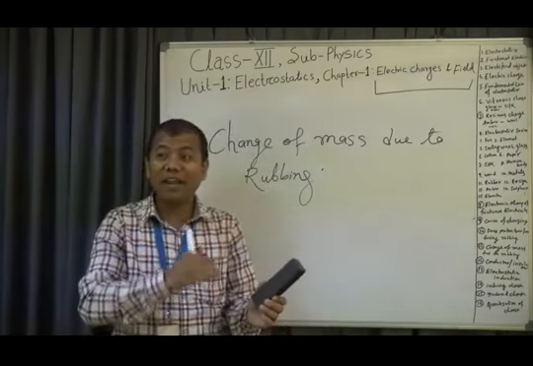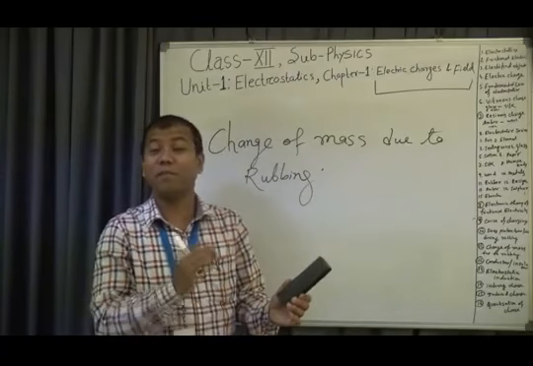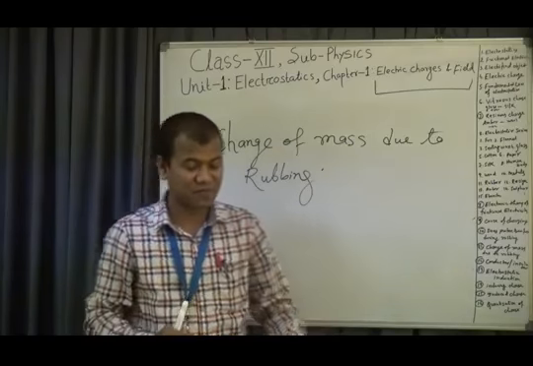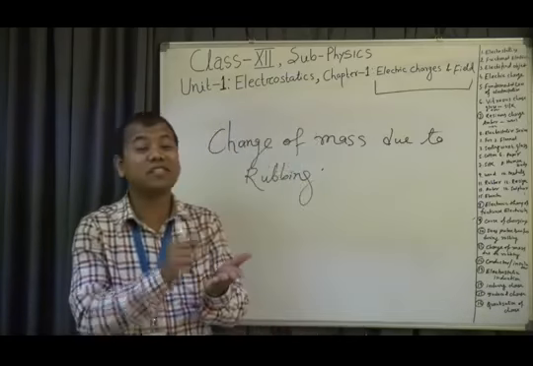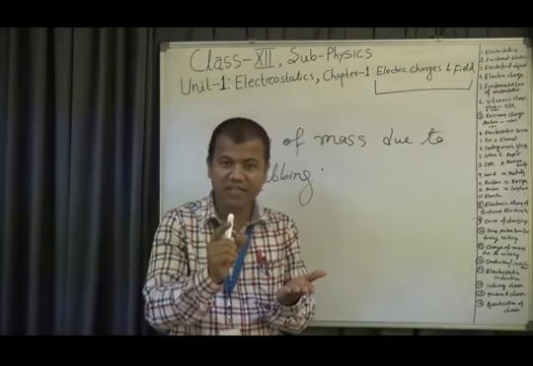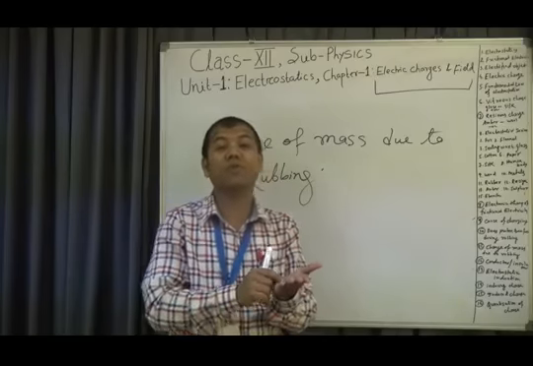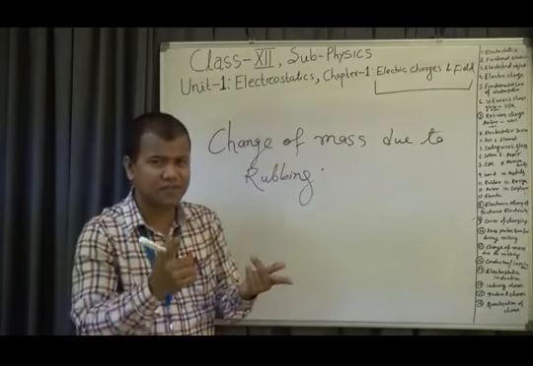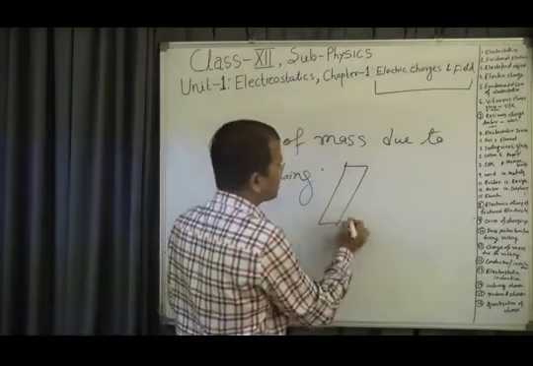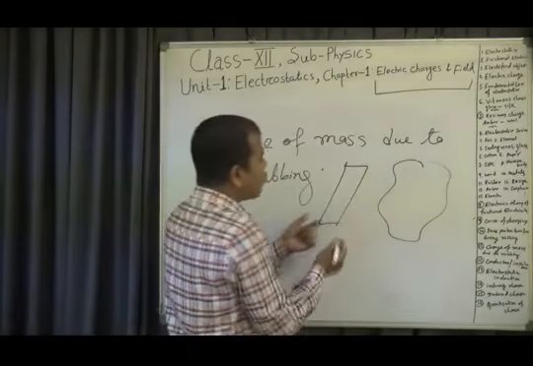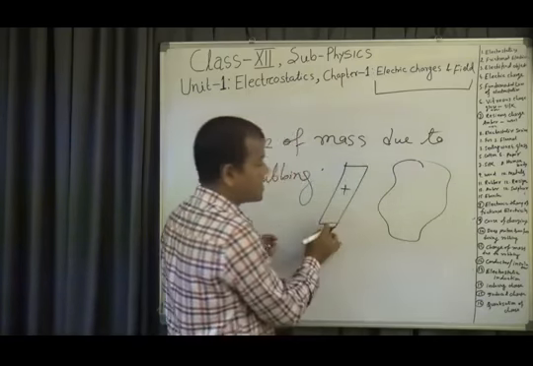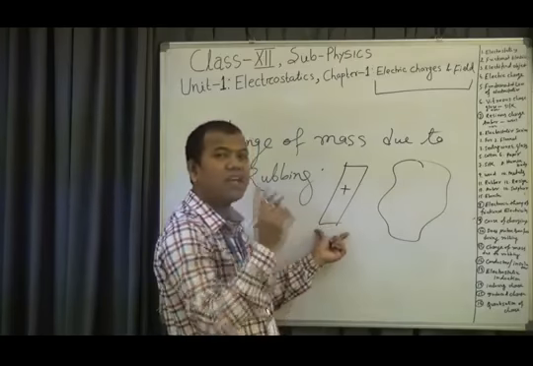So whenever any object is charged by rubbing, obviously mass will be changed. The object which acquires negative charge, its mass will be increased, and the object whose charge is positive, its mass is decreased. I repeat. Suppose I say about the glass rod and the silk cloth. Whenever the glass rod acquires positive charge, it means electrons have been transferred away, so its mass will be decreased.